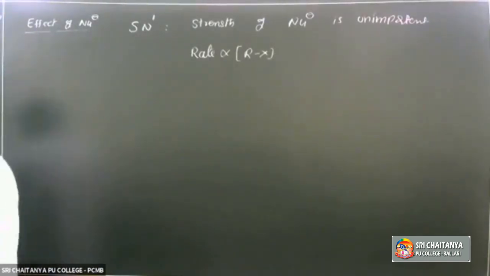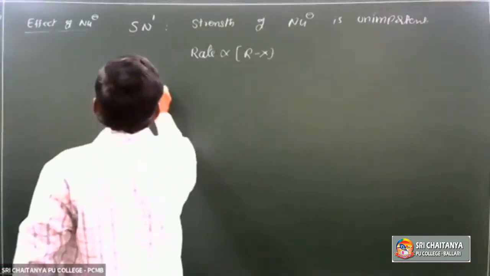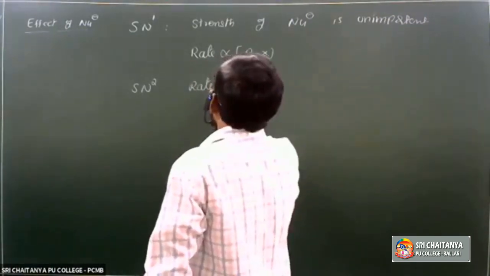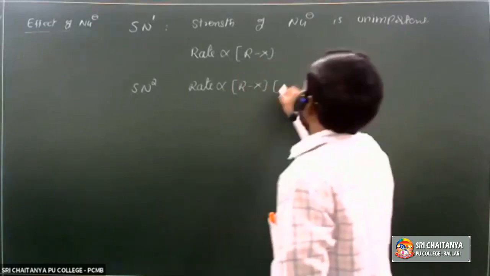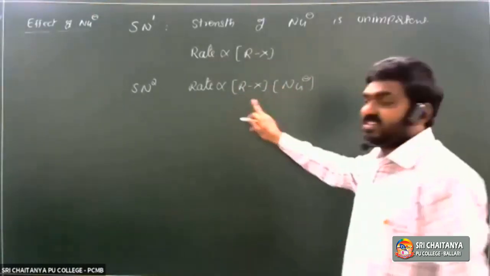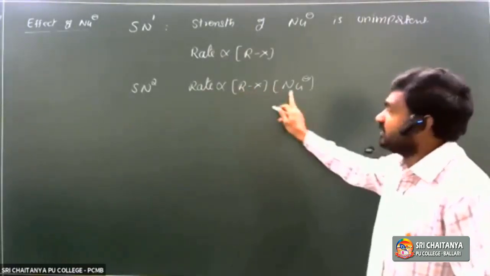Next, in case of SN2 mechanism, the rate is directly proportional to the concentration of alkyl halide and the concentration of nucleophile. Here the reaction takes place in a single step. The nucleophile attacks the backside of the leaving group.